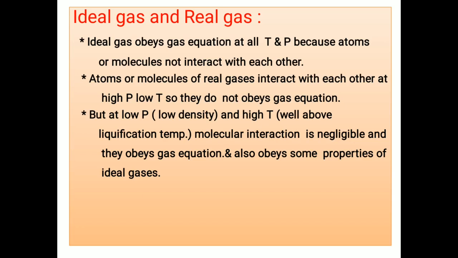molecules of the gas that are very close to each other, very compact. Since molecules are close to each other, there is a correction in the volume because space is not available for free movement of a single molecule, because it collides with the other molecules, or we have to take into consideration the volume of other molecules.